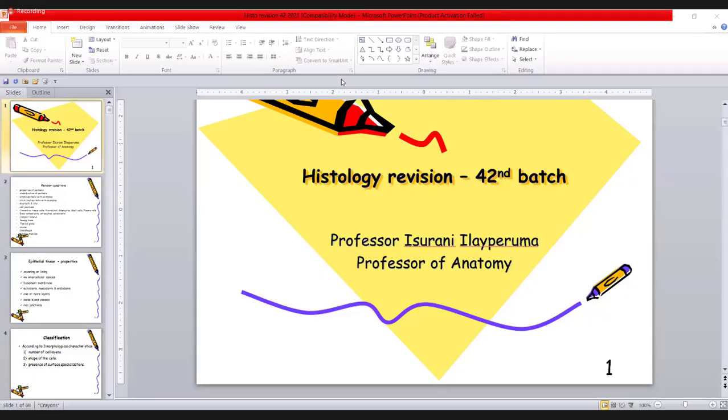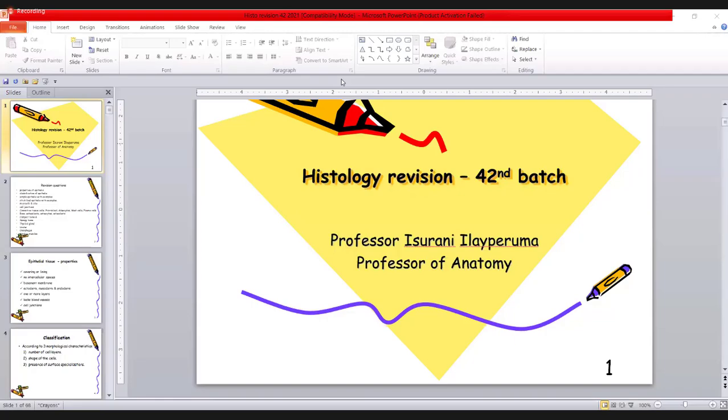Now, how many unique properties have we discussed? Seven altogether, right? They are covering or lining the body surfaces, no intercellular spaces between the cells, all epithelia lie on a basement membrane. There are no blood vessels or nerves. There are cell junctions between them. They are derived from all three germ layers. And also another unique feature is all epithelia has either one layer or more than one layer, depending on the type, simple or stratified.